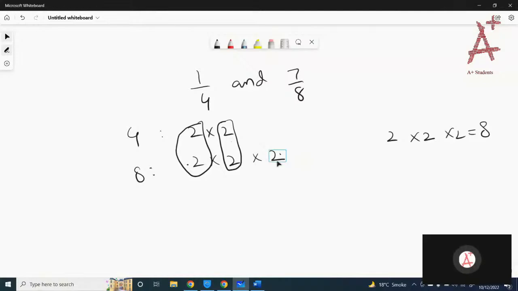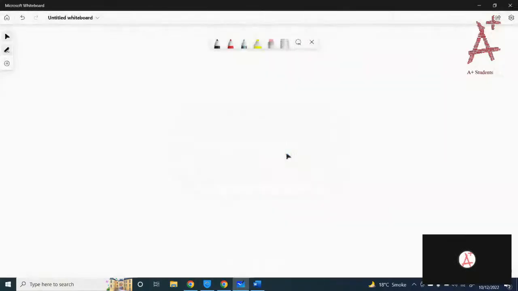Okay, let's do one more. You have to answer. Also, please note, use your notebook and pencil, write the prime factors. Just let me know the answer. What is the least common denominator of 1 by 12 and 5 by 6?